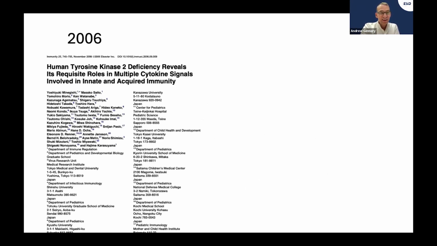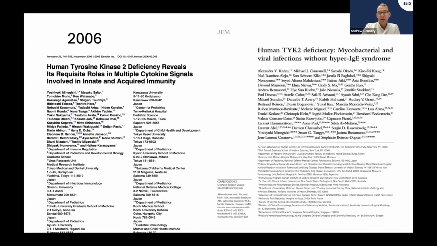It was 2006 when, for the first time, Yoshimi Negishi from Japan described that tyrosine kinase 2, which is a Janus kinase, so you know there's JAK1, 2, and 3, and there's TYK2, that this gene is actually biallelically mutated in children who he suggested had a hyper-IgE-like phenotype.